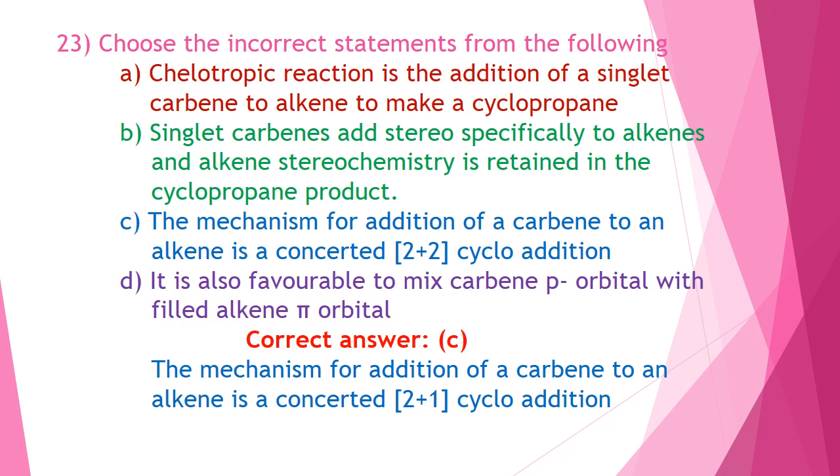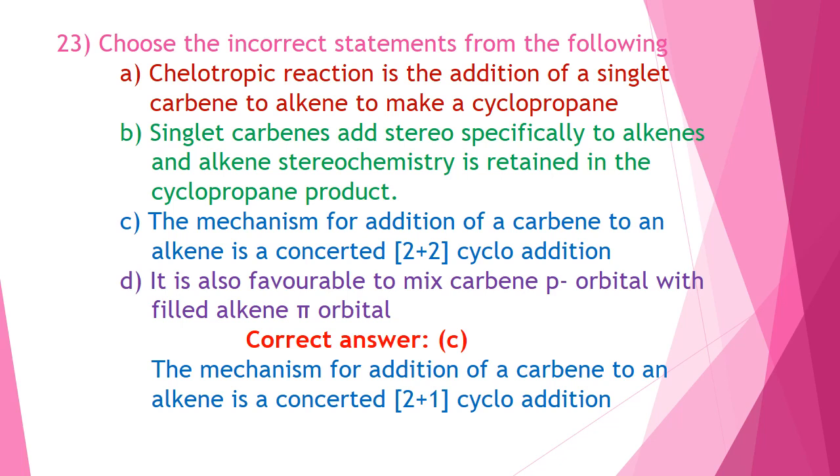It is also correct. C. The mechanism of addition of carbene to an alkene is a concerted 2+2 cycloaddition. It is wrong. D. It is also favorable to mix the carbene p orbital with the filled alkene pi orbital. Therefore, the wrong statement for this question is C.